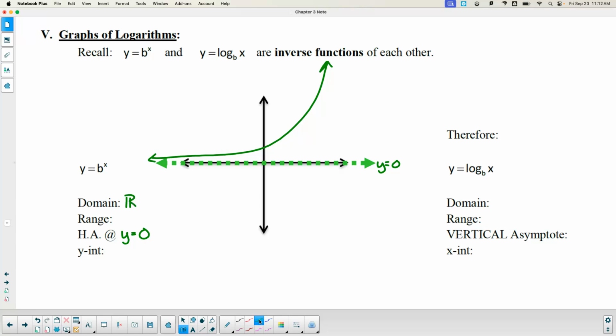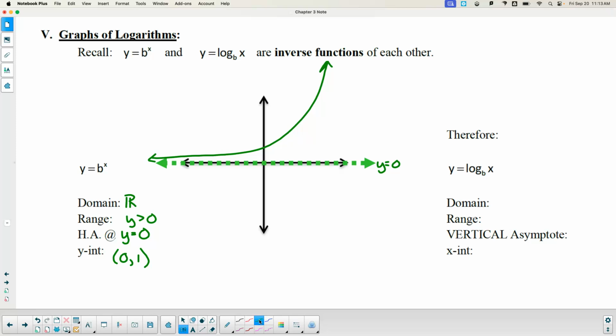My range is all real numbers greater than 0, so I could just say y is greater than 0. And my y-intercept is going to be at (0, 1), right? Or if we had an a in front of it, it would be at (0, a). Agree?